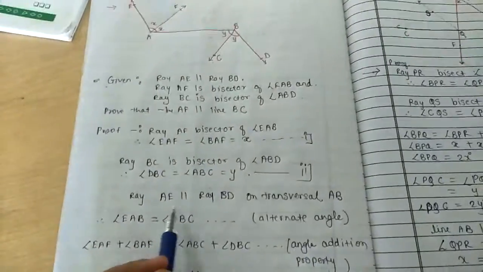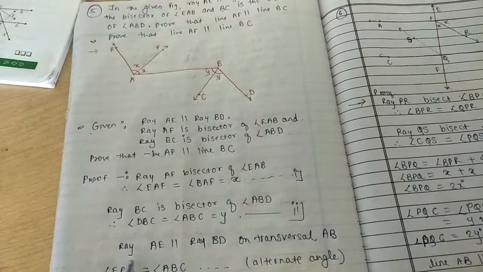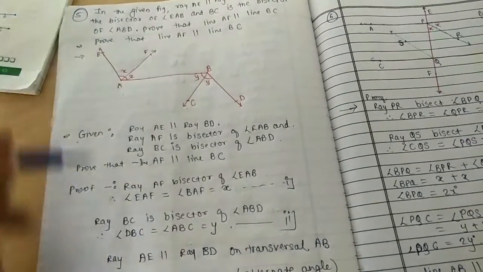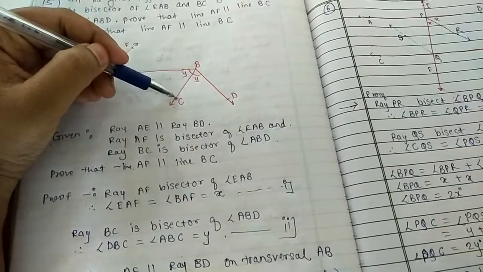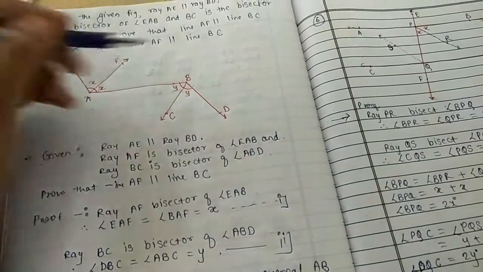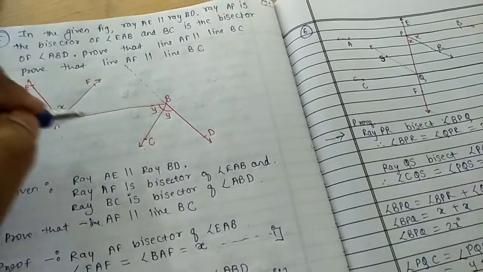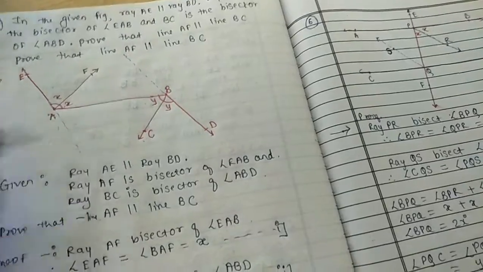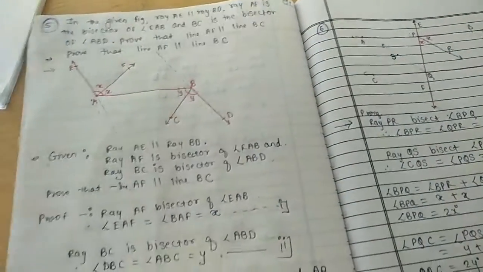Next, we take the parallel lines and the transversal. Ray AE is parallel to ray BD. Suppose we extend this line here and this line here. What do we get? These two parallel lines, and AB is the transversal.